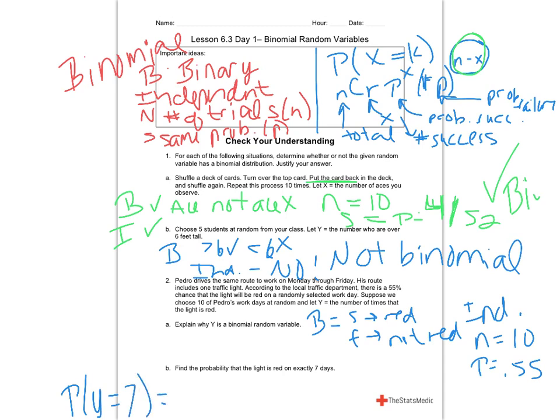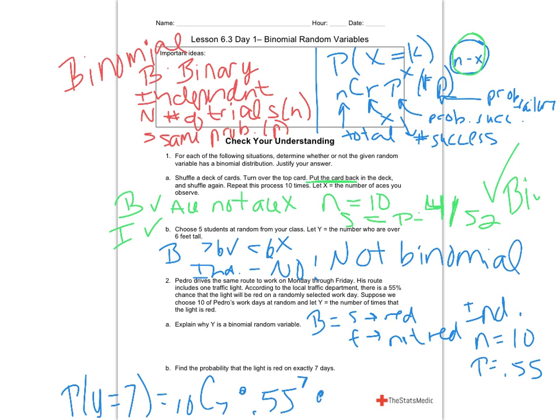Okay, and so I've got 10 is my total number, C, 7 is my successes. I'm going to multiply this by my probability of success, which is 0.55, to the power of successes, which is 7.